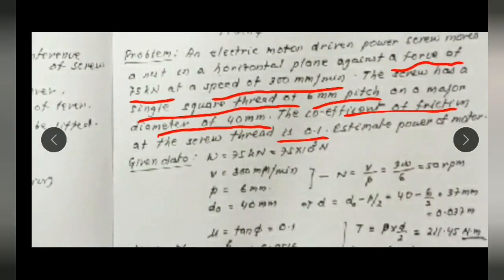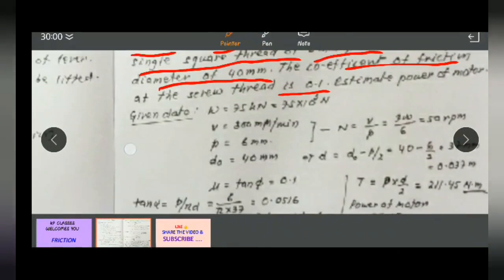So from these two data V and P, we can calculate speed of the screw, that is N equal to V by P, 300 mm by 6 mm, equal to 50 rpm. Also given that Do equal to 40 mm.